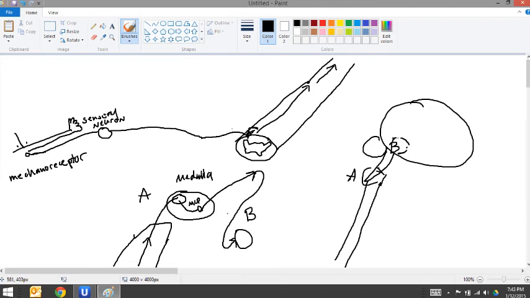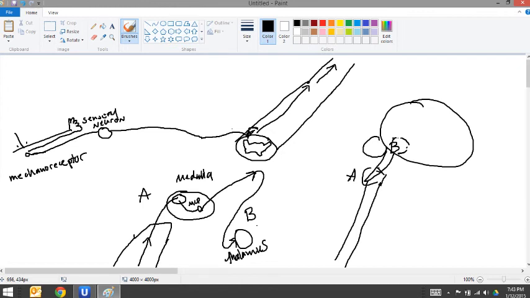Again, remember, these nuclei are just bundles of cells that have similar function. So there's a nucleus for auditory information, and there's a nucleus for visual information. And this happens to be a nucleus in the thalamus for sensory information that's coming from the medial lemniscal pathway. So that travels up into the thalamus, and it hits that special nucleus for the sensory information.